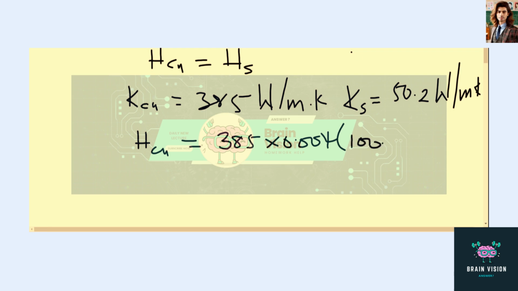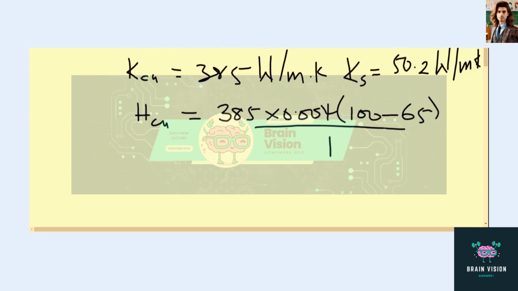Times bracket 100 minus 65. That is the thermal equilibrium temperature, the steady temperature at the junction of the two rods. All of this is divided by the length of the copper rod, which is 1 meter.